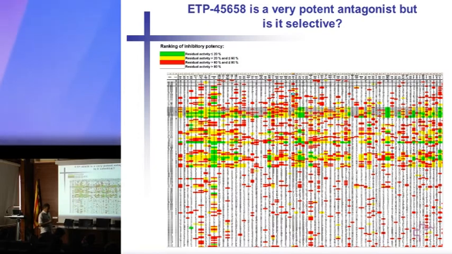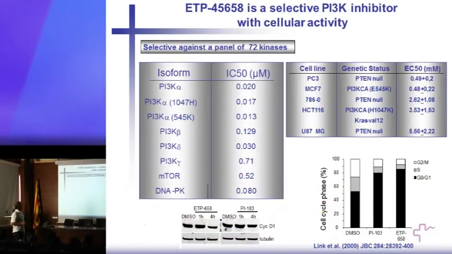And here is a typical kinase profiling we do routinely. And here you see more promiscuous compounds inhibiting many kinases, and here more selective ones. And our compound was a very selective one in a panel of 72 kinases.